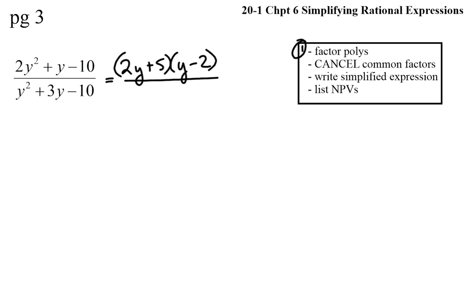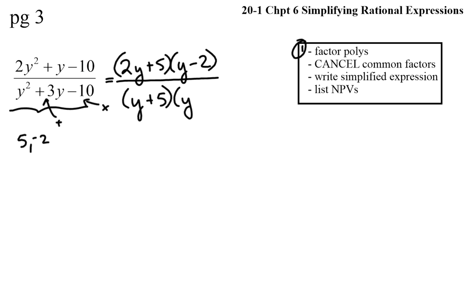The second factor now, I need to factor the bottom trinomial, simple trinomial, so I need two numbers that multiply to negative 10, but add to 3. What multiplies to negative 10, but adds to 3? Well, that's positive 5, negative 2. So we have y plus 5 and y minus 2.